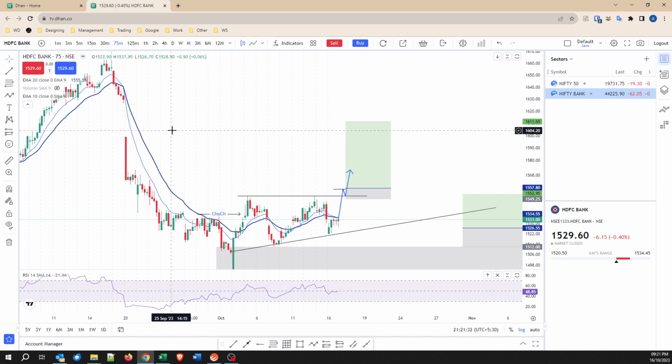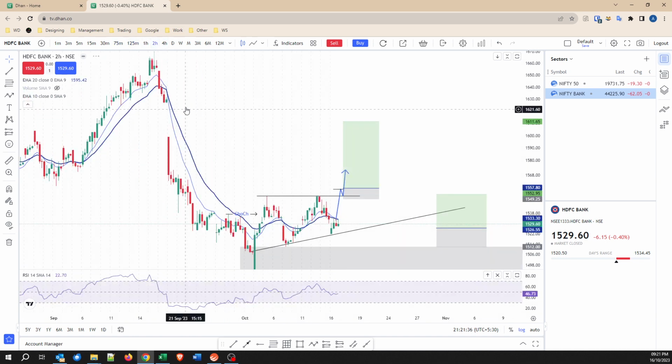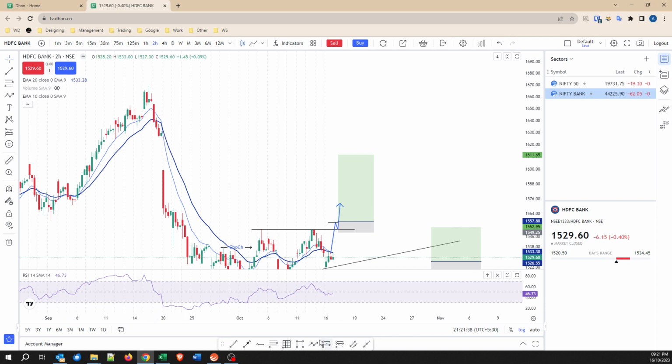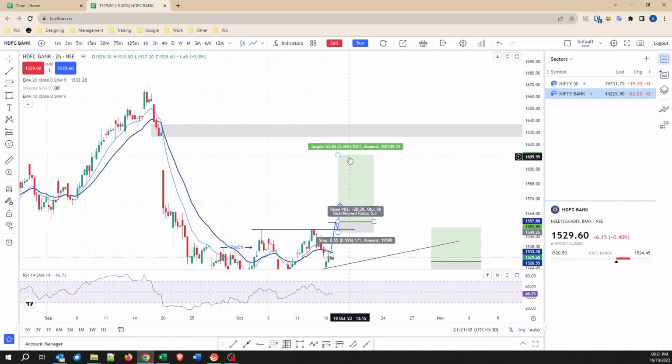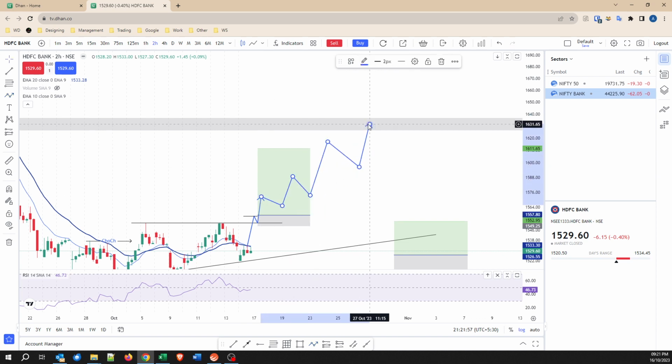I'm expecting this gap to be filled, but then retrace. Maybe we will find something better on the 1 hour, 4 hour, 2 hour time frame. Yes, I can see a supply zone here. This could be a supply zone from where the price will start to fall. I don't think that the price will start rallying immediately like this. It will probably create more demand, then test it and then move back here.